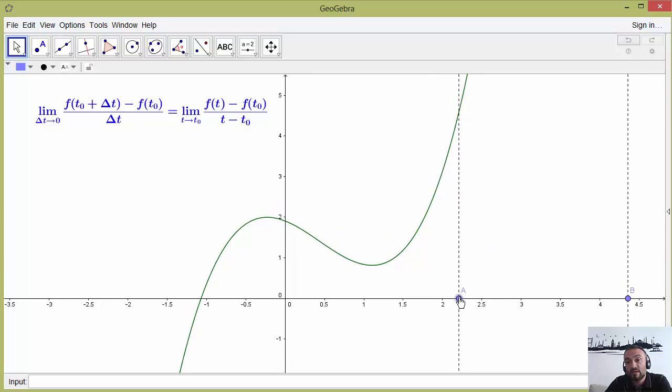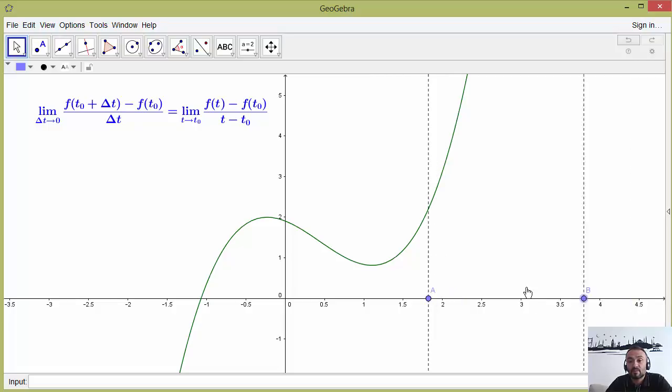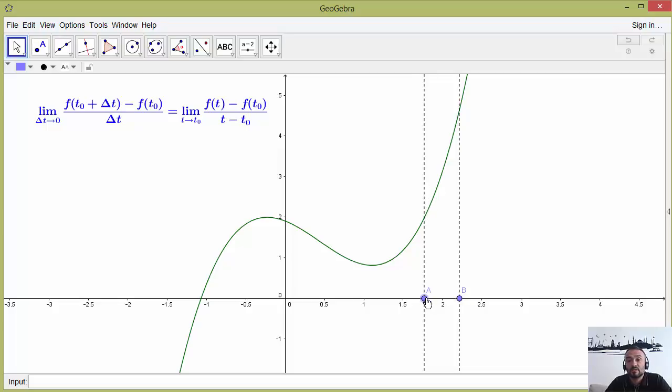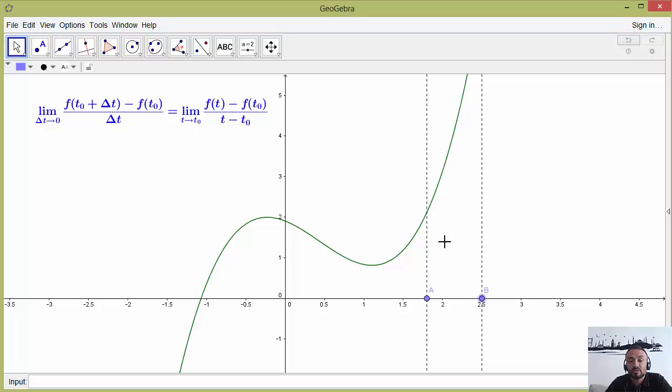How can we measure the instantaneous speed? Our video subject is this. We may understand intuitively that at some instant points the speed changes. But how can we measure the speed mathematically?